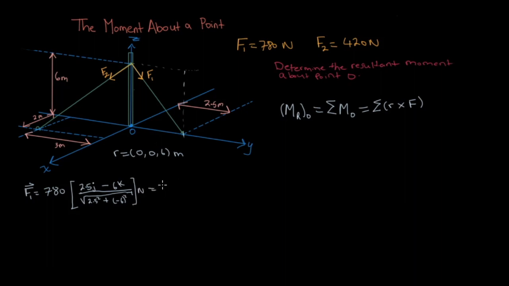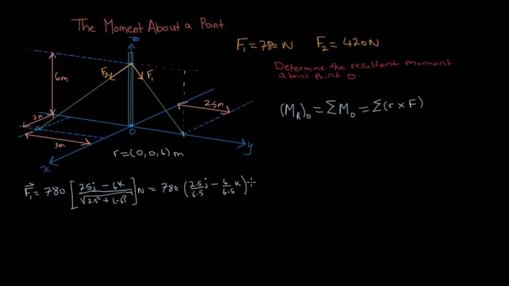So that's going to give us 780 times 2.5 over 6.5 j, and that's this right here, the square root of 2.5 squared plus negative 6 squared, minus 6 over 6.5 k.